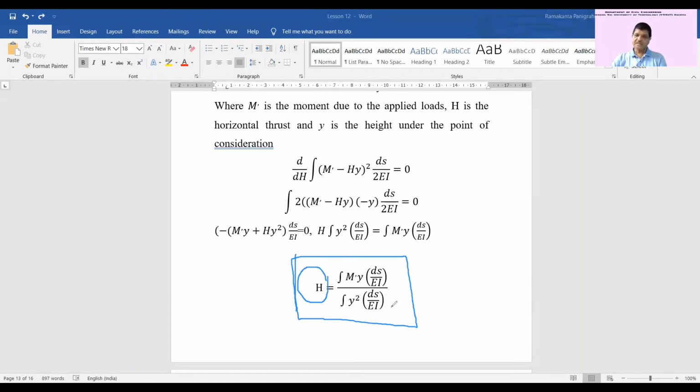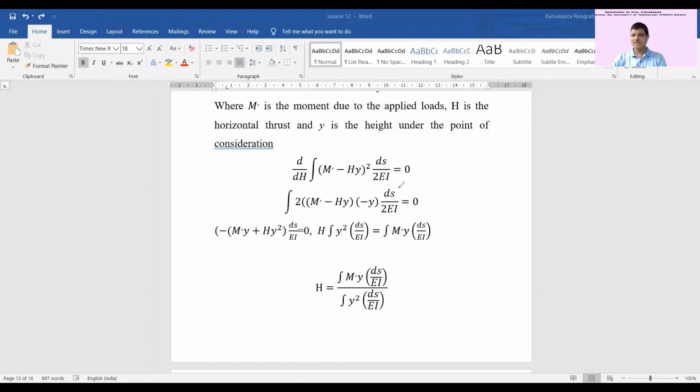Then for Y square ds, you know the Y value, it again depends: 4hx into (L minus x) whole square by L square, and then ds is equal to dx or some multiplication into dx. So you have to integrate to find the value of Y square dx. That will give the value of the horizontal thrust. So this is how you can find out the horizontal thrust.